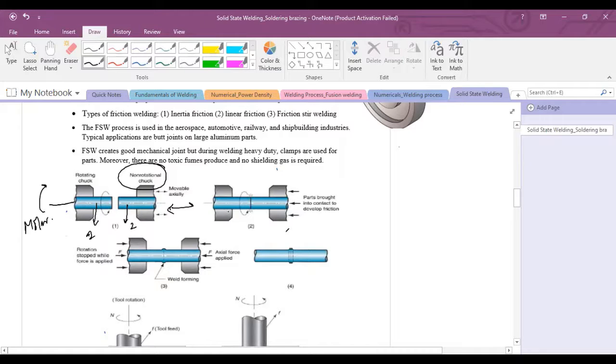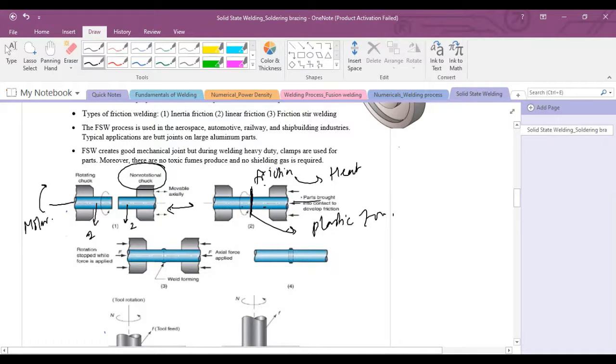In step two, as you can see, both the base parts are brought into contact, and due to rotation between the base metals, friction will generate, because one part is rotating and the other part is in a stationary condition. That friction will produce heat, and this heat will be sufficient for a strong joint to form, because due to this heat, the interface or the surfaces of both the base metals will go into the plastic zone and become soft.